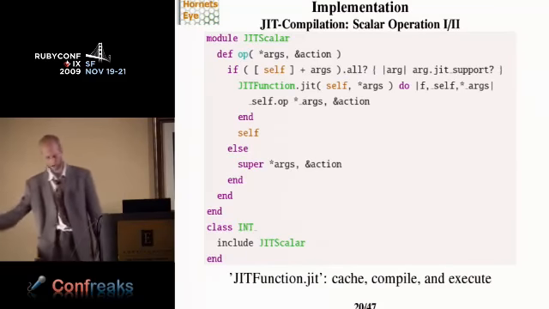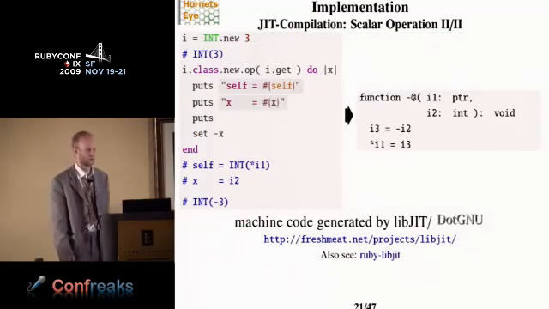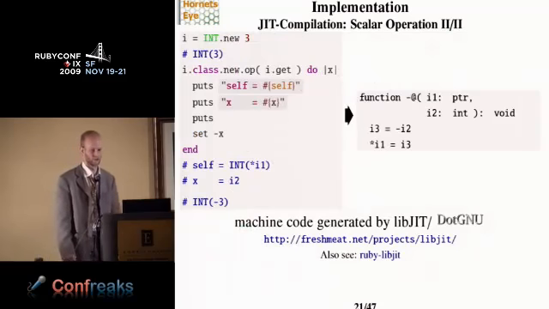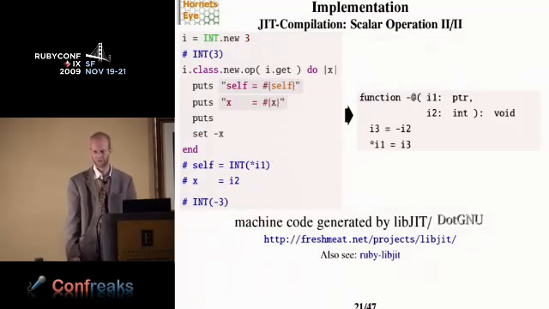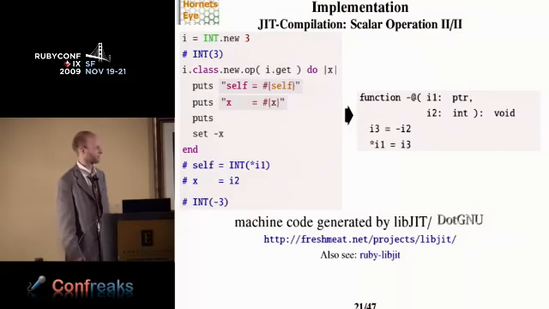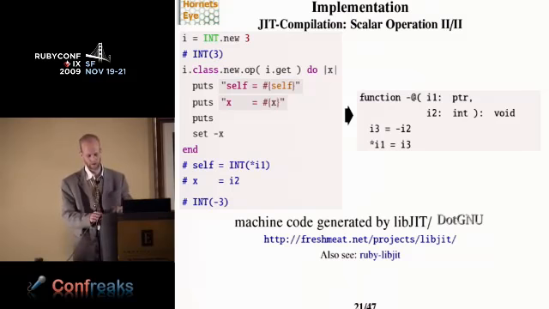And to understand what happens, you can, for example, implement a negation operator and add some print statements to it. Then you can see that when executing the operation, you actually don't have ordinary Ruby variables, but you have actually JIT variables. So self is an integer with the value the machine register I1 is pointing at, and the parameter x is another register.